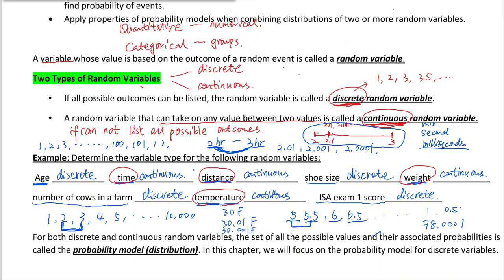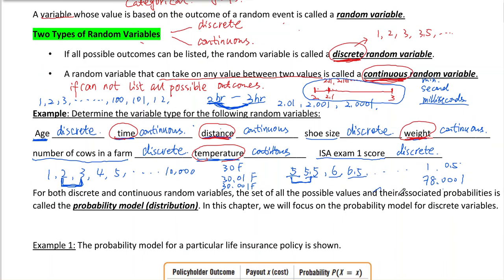Most measurements will be continuous because we have more and more accurate techniques to measure these variables. But I said most, not 100%, so you still need to decide by yourself whether you can list all possible outcomes.